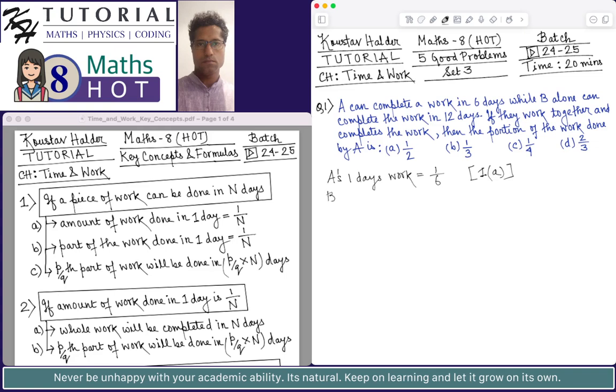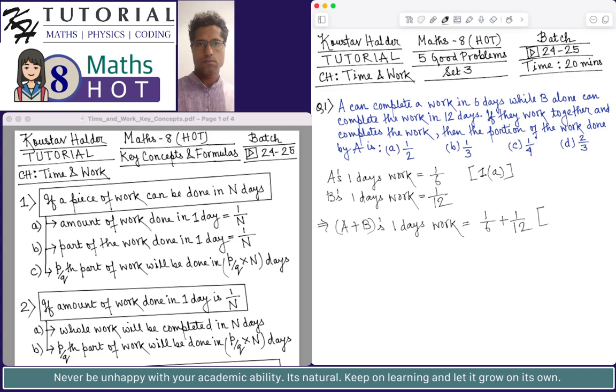Similarly, B's 1 day's work is equal to 1 by 12. This implies that A plus B's 1 day's work, that is the amount of work done by both A and B working together in 1 day, should be equal to 1 by 6 plus 1 by 12.